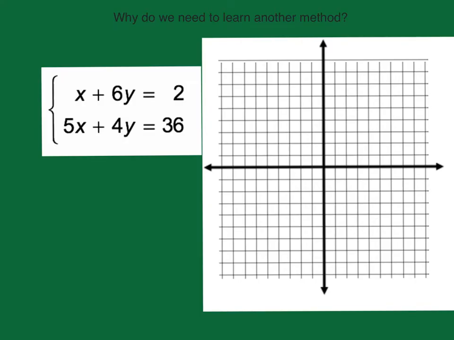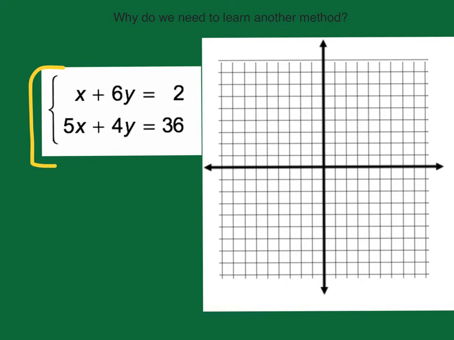So first, before we talk about that second method, which is going to be substitution, the reason why we want another method is looking at this system of equations over here on the left. That would be tough to solve by graphing. You would have to do two steps to get both of those to be in slope-intercept form. You would get some decimals along the way, which would be pretty tough to show.